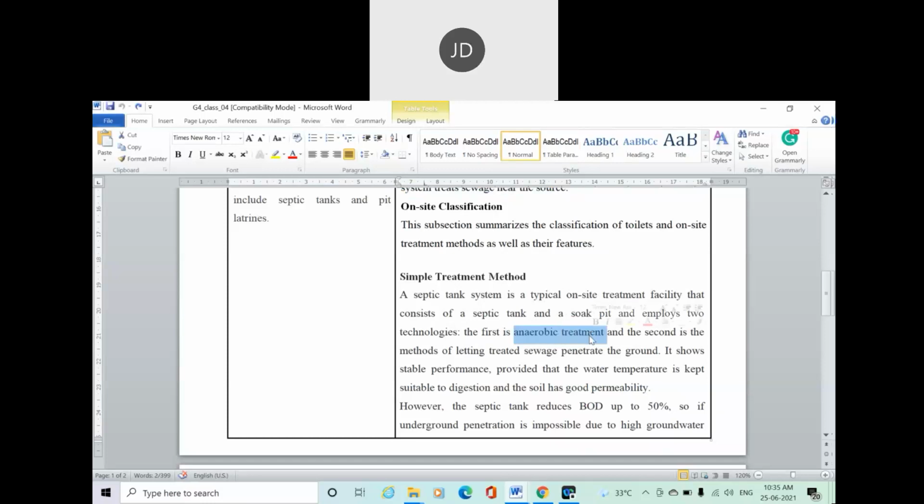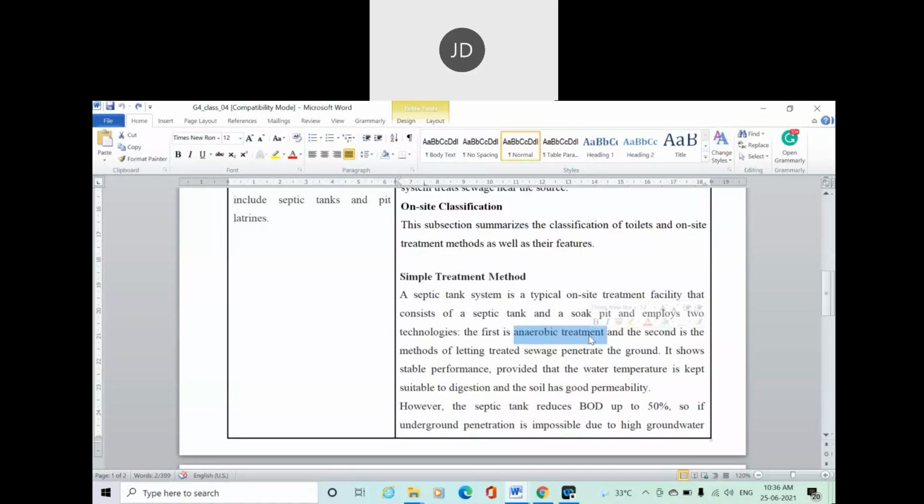In the previous classes, we have already discussed what anaerobic decomposition means: the breakdown of the waste matter into smaller components by the bacteria present in the waste, without the help of oxygen. This is called anaerobic treatment, that means the biological decomposition of the waste with the help of anaerobic bacteria.